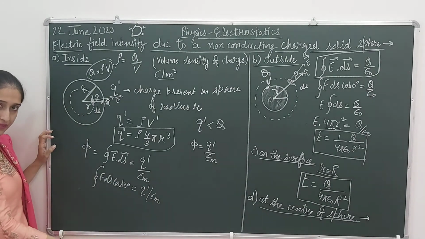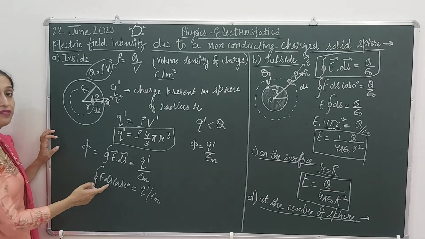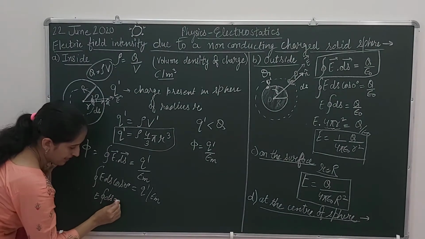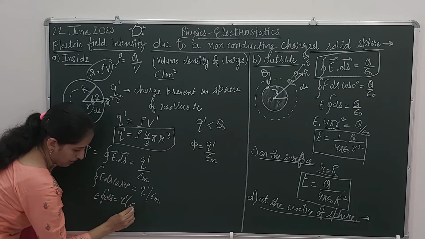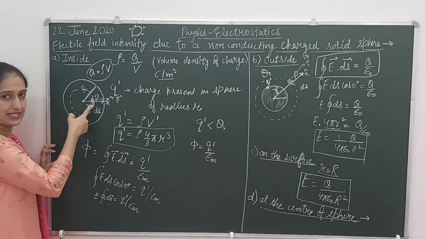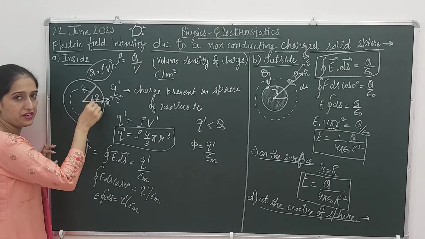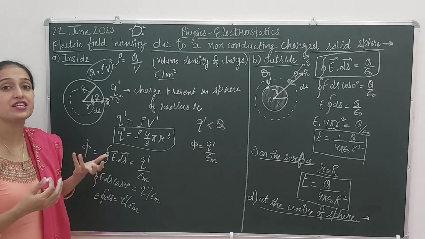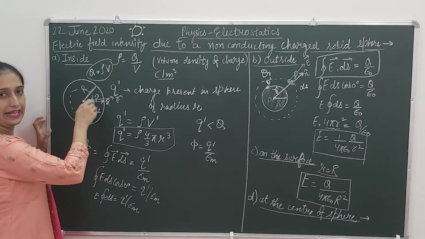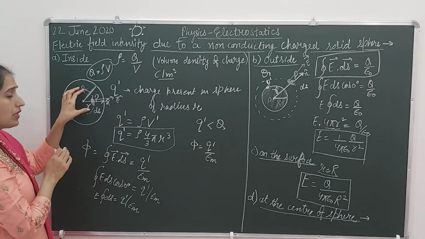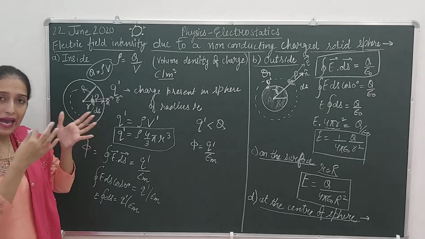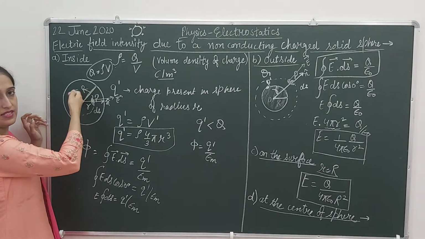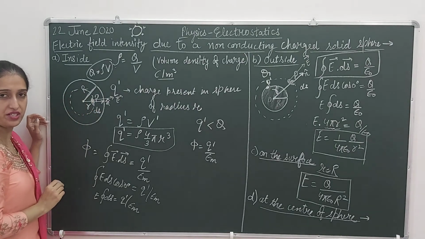Cos 0 is 1 and integration will be done for area. So, E ds equals q dash upon epsilon m. Now, ds is the area of this small element, and integration means addition. Addition of what? All the smaller areas. If I add all the smaller areas, I get the area of the total sphere, the smaller Gaussian sphere.